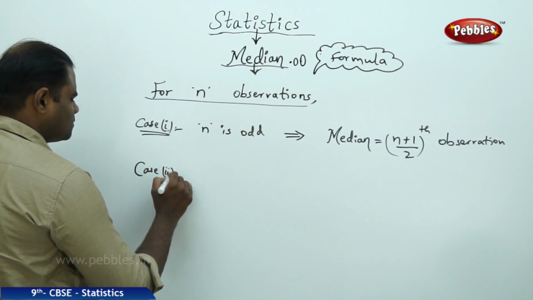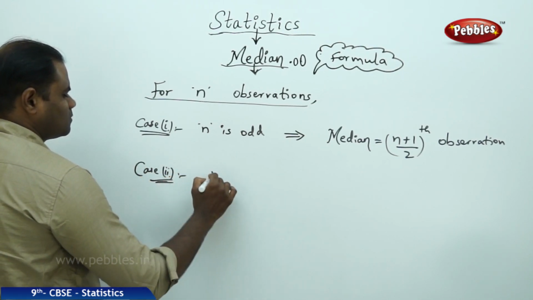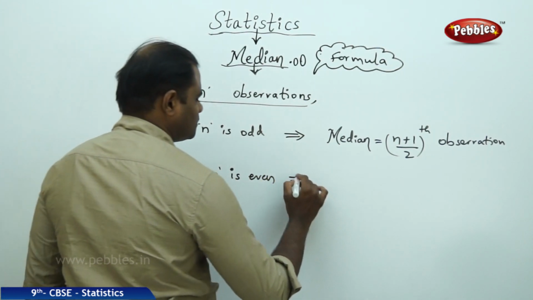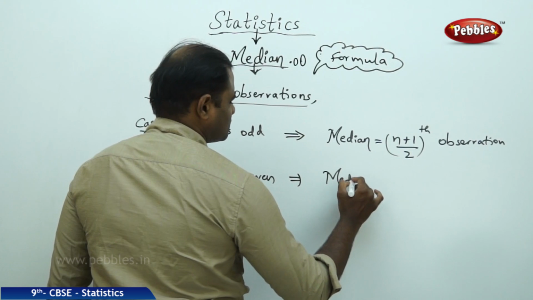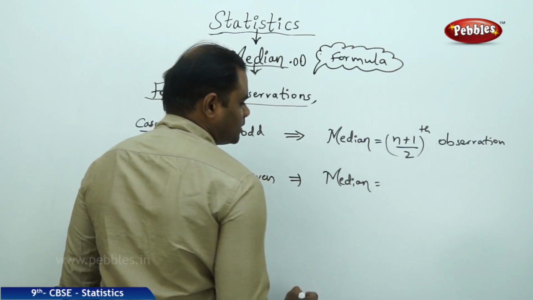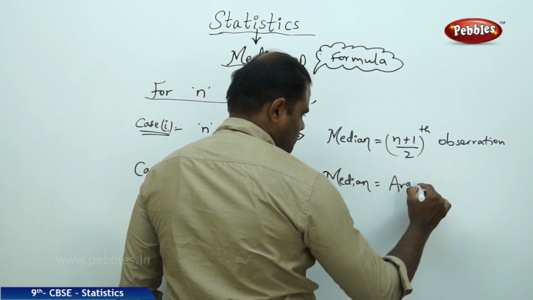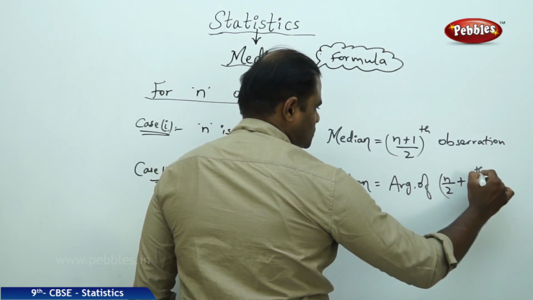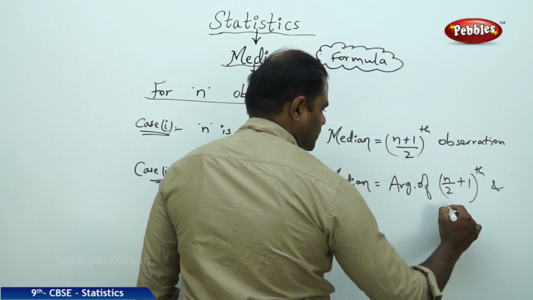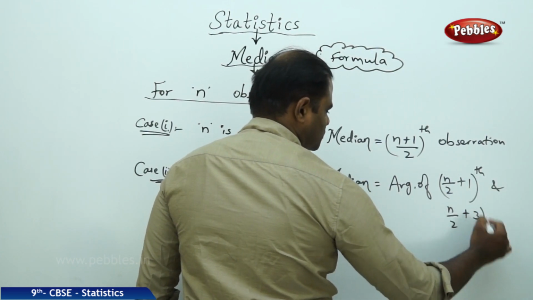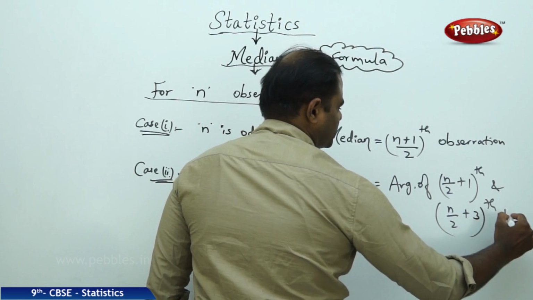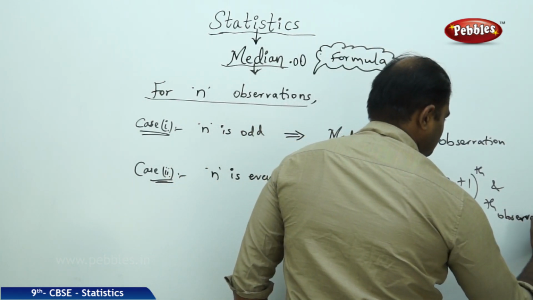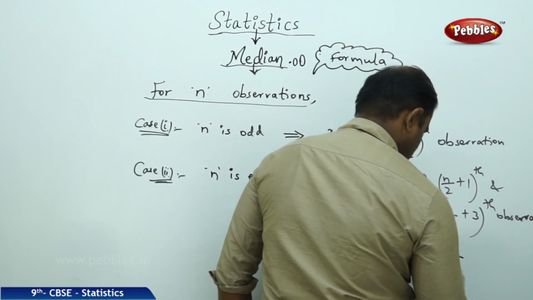Case 2, n is even, implies median is average of n by 2 plus 1th and n by 2 plus 3th observations.